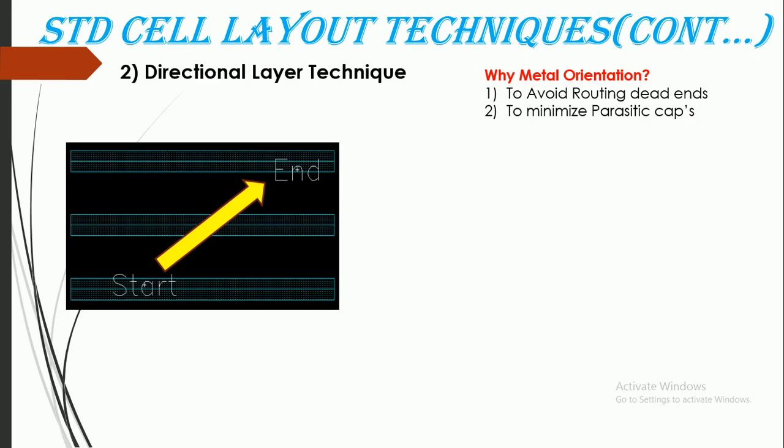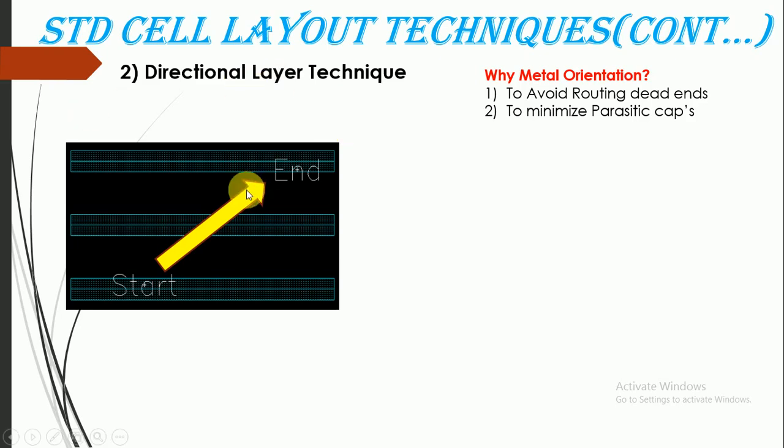There are two reasons for this: to avoid routing dead ends and to minimize parasitic gaps. You'll find many documents on this on the internet. This is not my cup of tea right now, so you can go through this in depth on the net and websites. Fine.